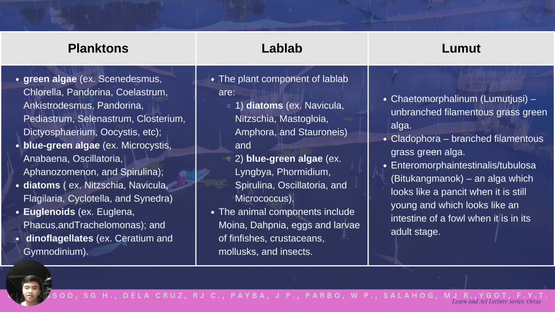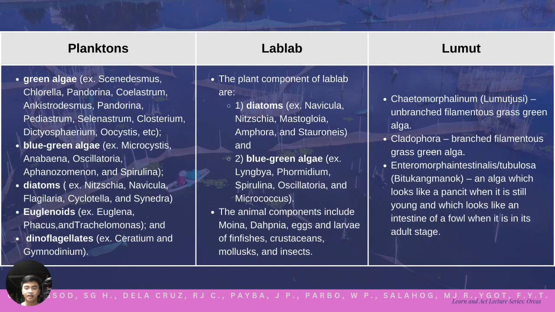This slide shows the examples relative to natural food. First, the plant or phyto component of the plankton includes the green algae, blue-green algae, diatoms, euglenoids, and dinoflagellates. Next is the plant component of the lab, and these are first, the diatoms.